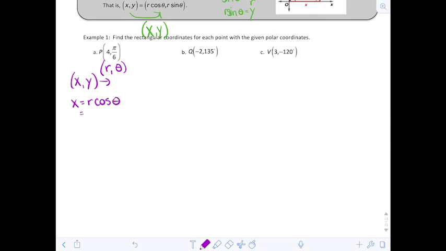So if I plug in my values, that's 4 times the cosine of pi over 6, or 30 degrees. The cosine of pi over 6 is root 3 over 2. If I reduce, that is going to be 2 root 3. So I have half my answer, 2 root 3.